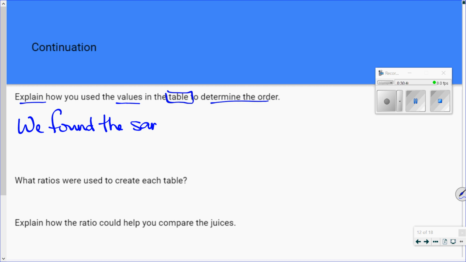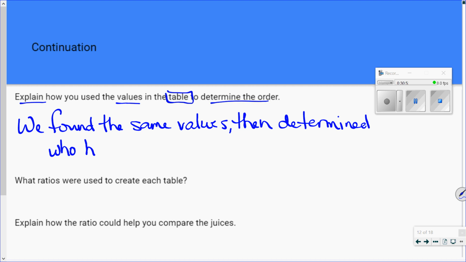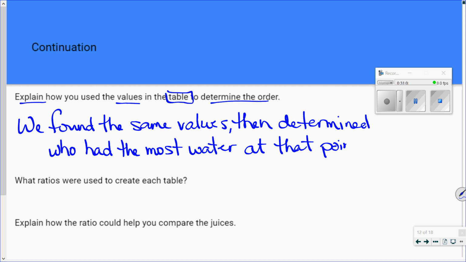Good. So we found the same values, then determined who had the most water at that point. And that's really significant because, sorry to make a point on this, but you could just look for the biggest water value.